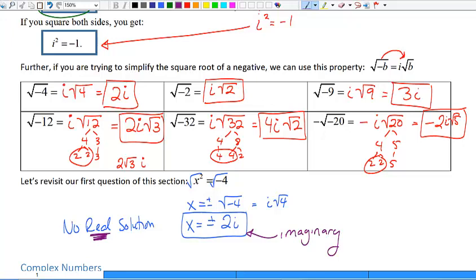It's not real. But now that you have more information and you know what imaginary numbers are, you can't put no real solution anymore. That's not sufficient, because you know that your answer is imaginary and you can actually find me your answer. You need to give me the answer in imaginary form from here on out in all of your mathematical career.